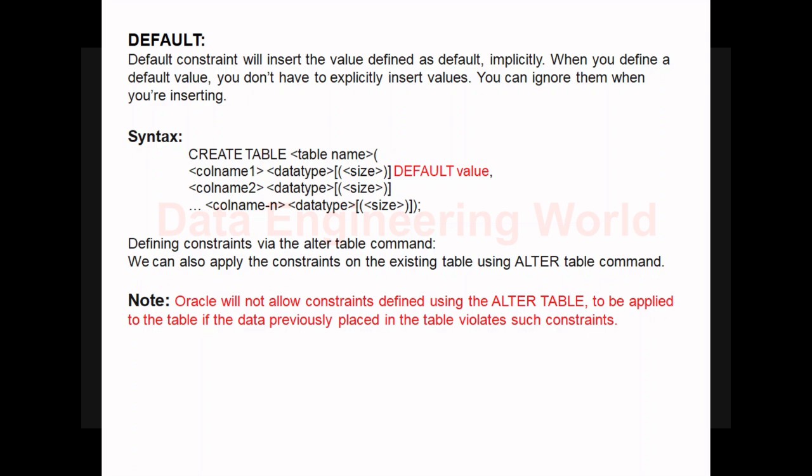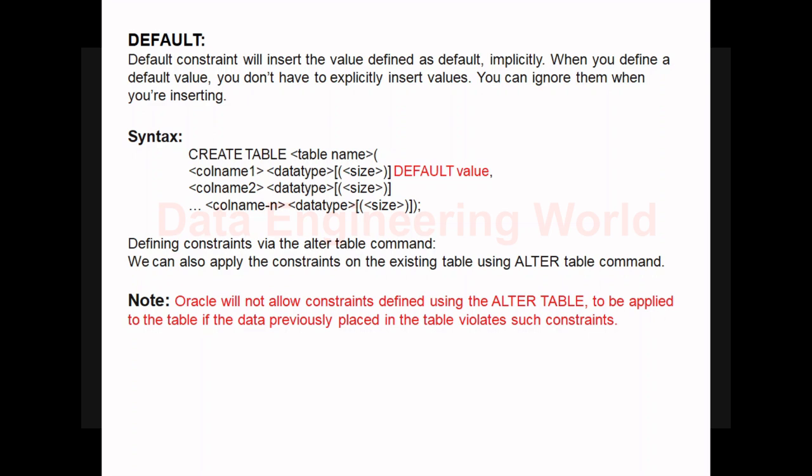The last constraint in the list is the default constraint, which inserts the default value in a column if we are not inserting a value for that particular column explicitly. So here is the syntax of using this default constraint.